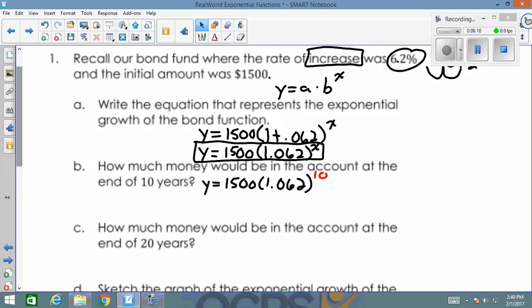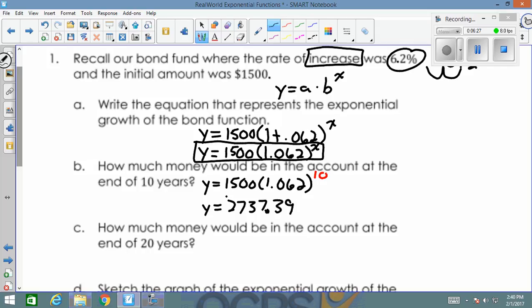If you need help finding that button, let me know. Hit that button, then type 10, hit equals, keep that number there, and hit times your initial, which in this case is 1,500. We get y equals 2737.39. We round to 2 decimal places because we're dealing with dollars.